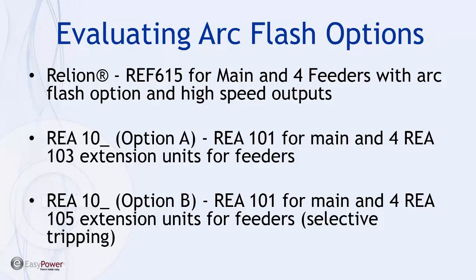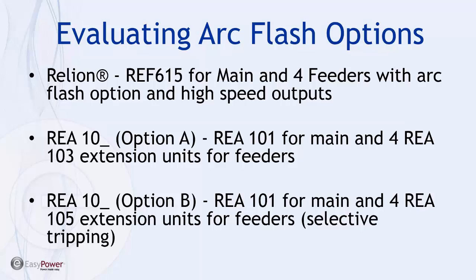Now let's evaluate our arc flash options for our products. What we'll do is assume that a customer wants to buy Relion relays for main and 4 feeders, and the relays won't have any added features, just reclosing for the feeders. And we'll look at 3 scenarios. One scenario is we want to use the built-in arc flash in Relion.